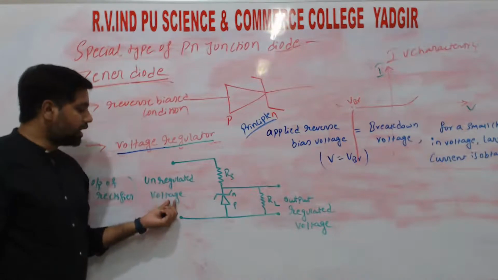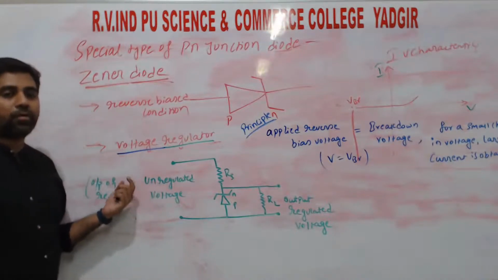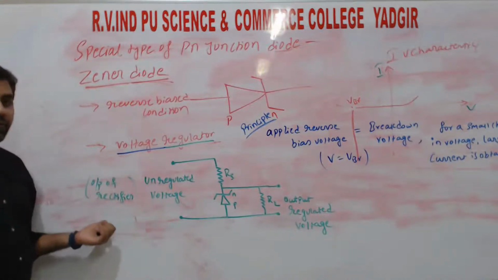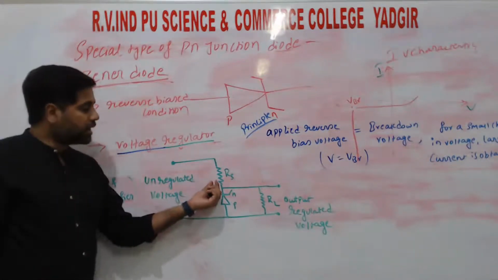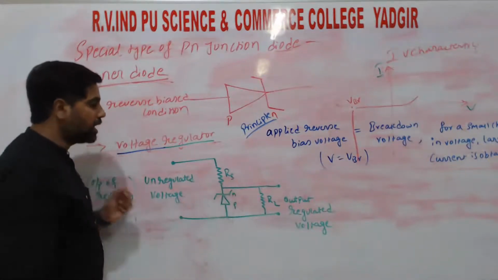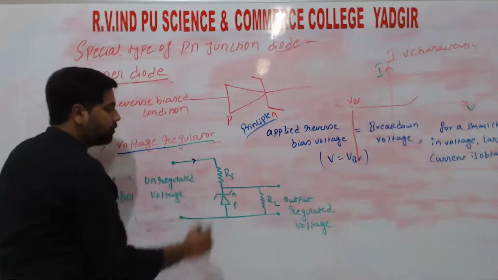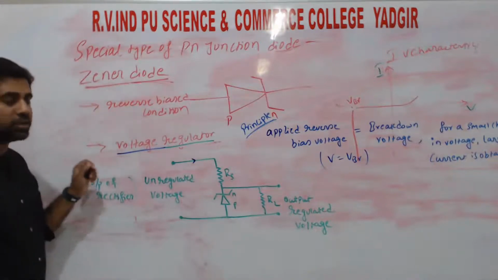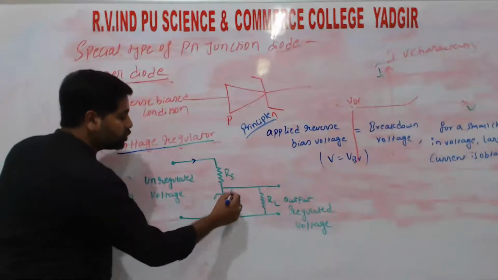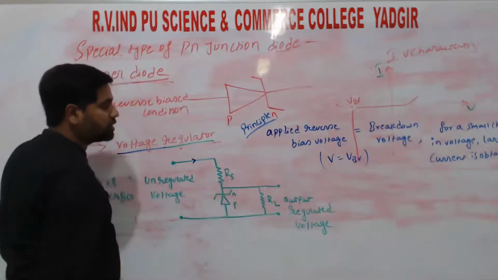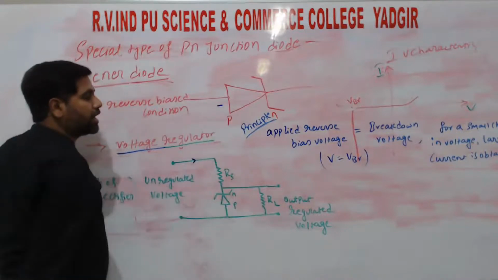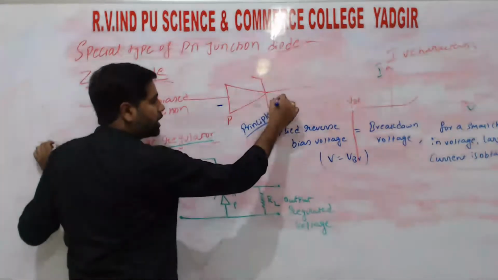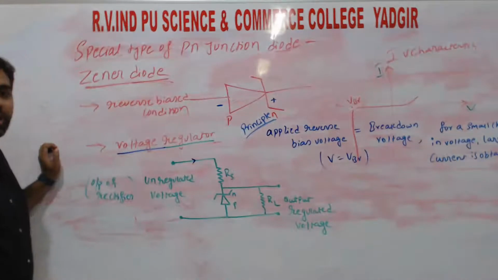So the unregulated voltage which comes out from the output of the rectifier passes through the diode that is connected with the series resistance, right? Here the current which is flowing means it should be reverse bias. Reverse bias is nothing but the P junction is connected to the negative terminal and the N junction is connected to the positive terminal, right?